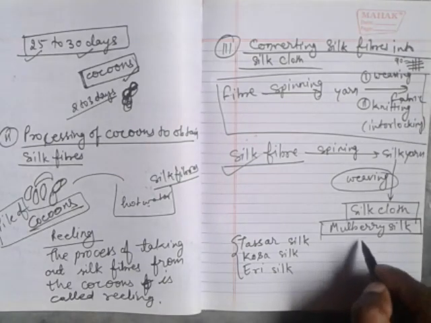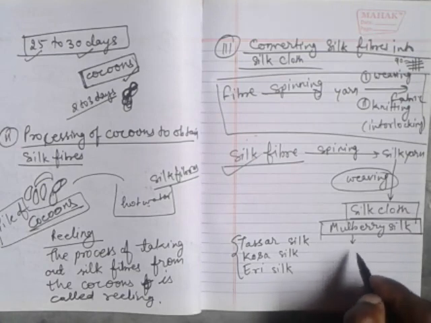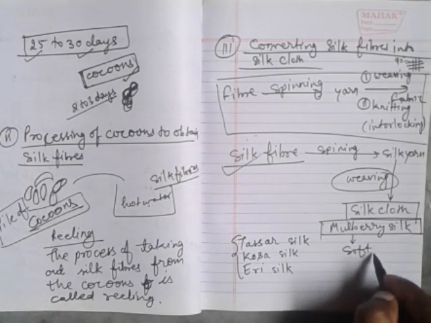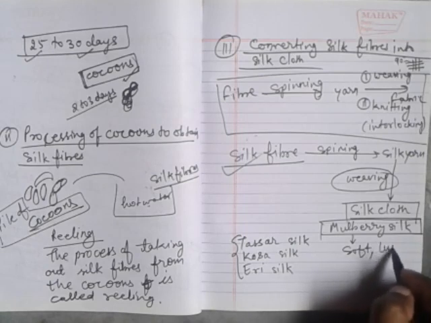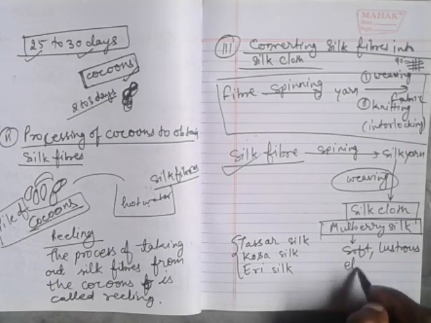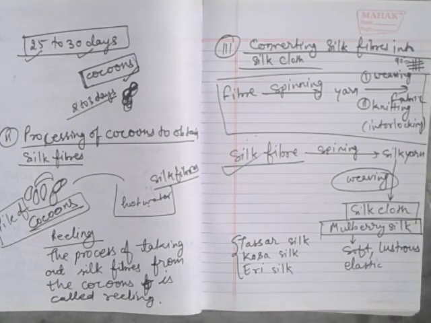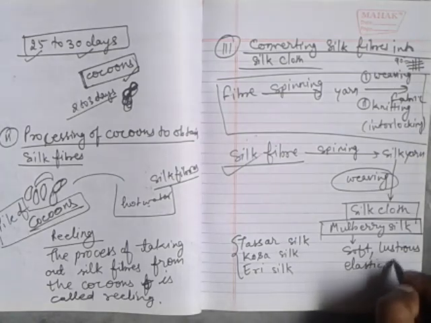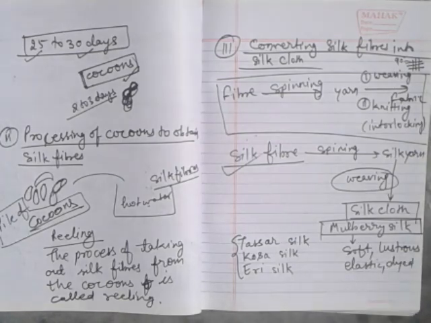Mulberry silk is soft in nature, lustrous, means shining in nature, and it is also elastic in nature, and it can be dyed in beautiful colors. It can be dyed in whatever color we want.